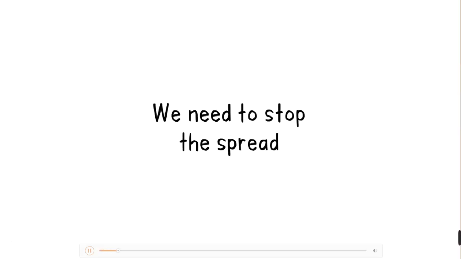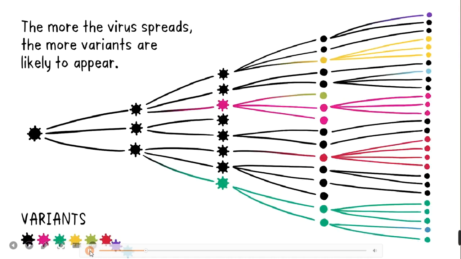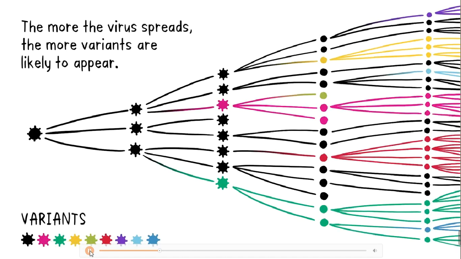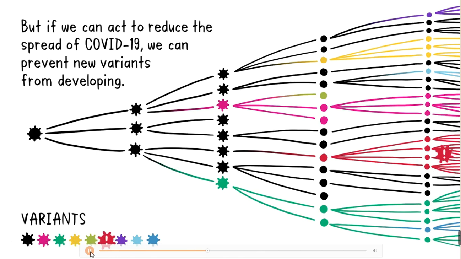So let's see a small video. Here it goes from one person to another. These colored ones are the new variants, and each time the variants are becoming stronger and stronger.